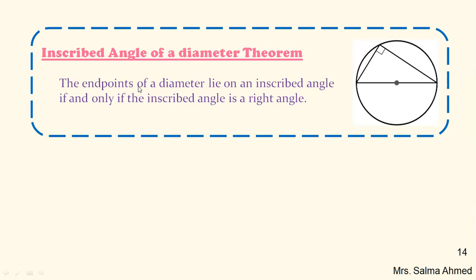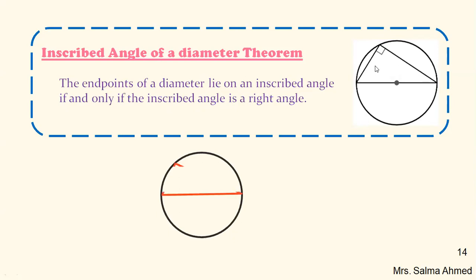The endpoints of a diameter lie on an inscribed angle if and only if the inscribed angle is a right angle. So if the two endpoints of the chords that form the inscribed angle are the two endpoints of the diameter of the circle, the inscribed angle must be 90 degrees.